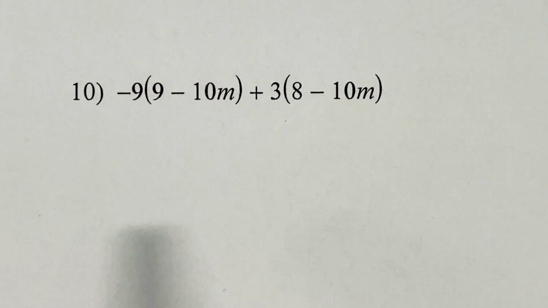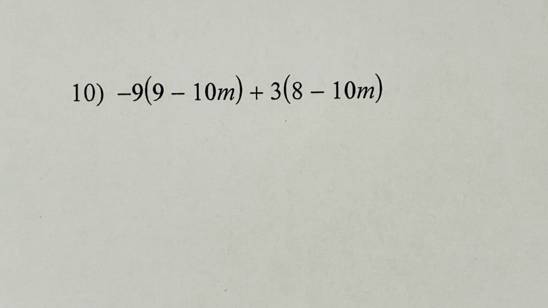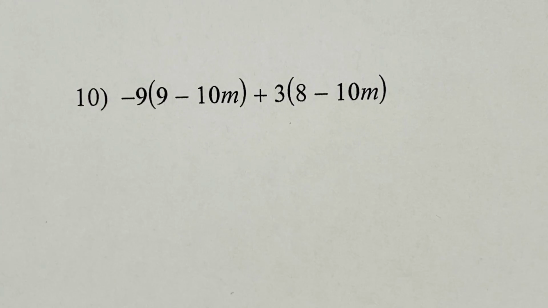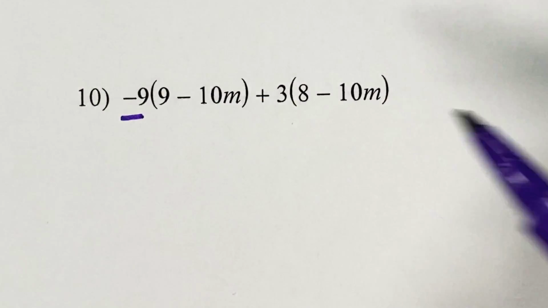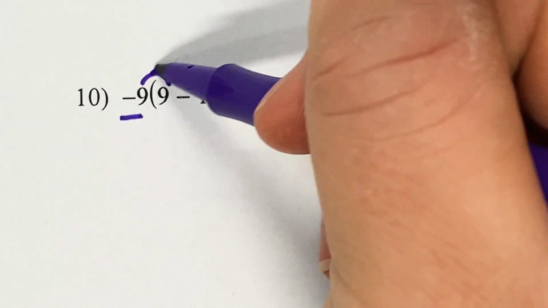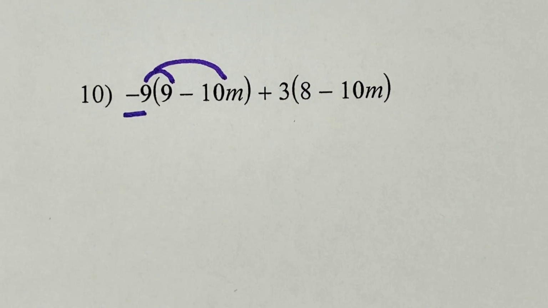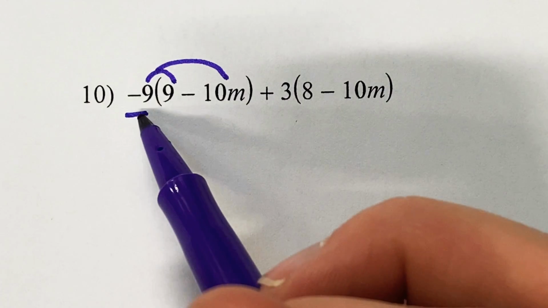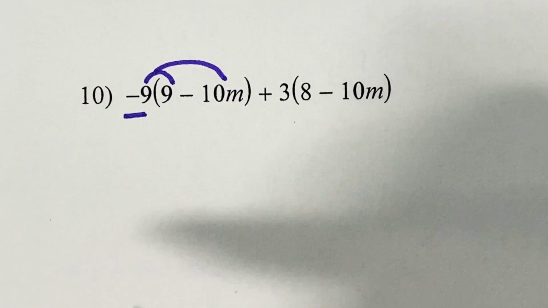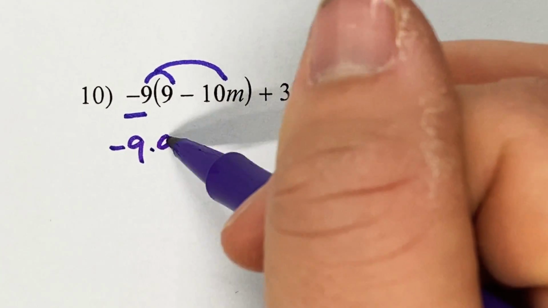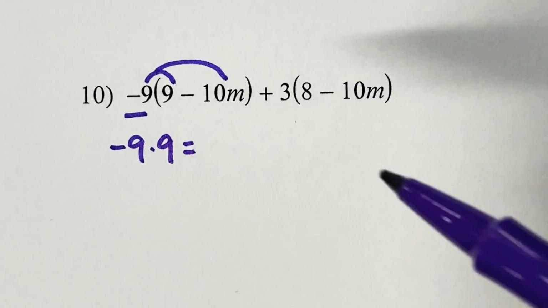Okay, so what is the number in front of that first set of parentheses that wants to distribute into the parentheses? It's going to be this negative 9. Okay, so it wants to distribute, meaning multiply, to both those guys inside. So we have negative 9 times 9. First, what is that going to give me?